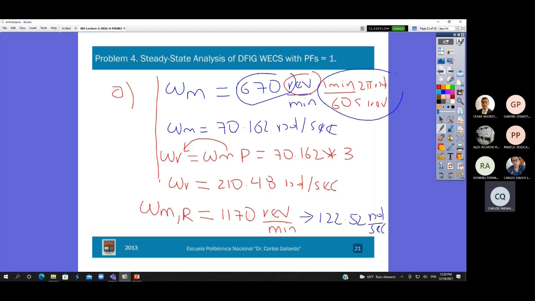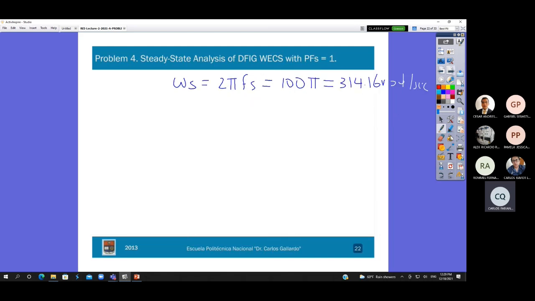So I have my first speed, and now I have my second speed. Therefore, I will compute the factor. I will compute the rotor speed as something like the per unit value. In this case, the rated value is equal to the base.